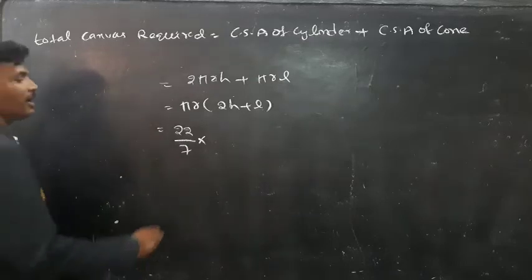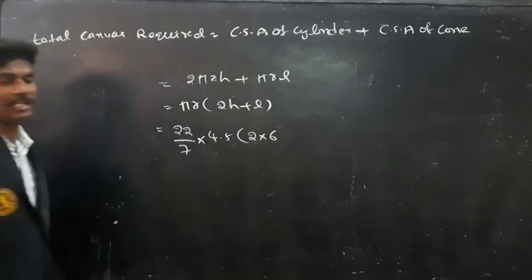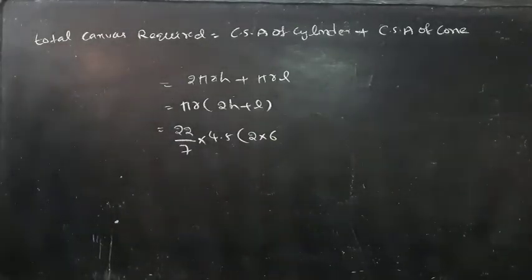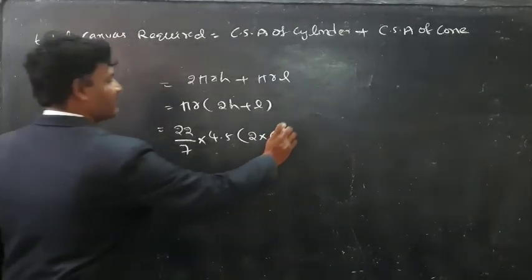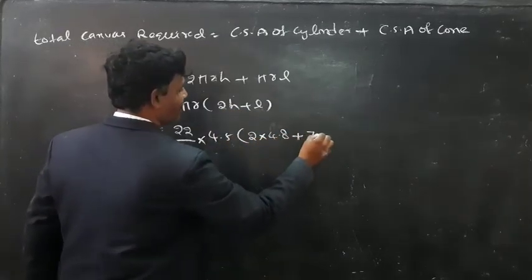The pi value is nothing but 22 by 7, and the radius of the base is 4.5. 2 into, what is the height here? The height of the cylinder is nothing but 4.8, plus the slant height 7.5.